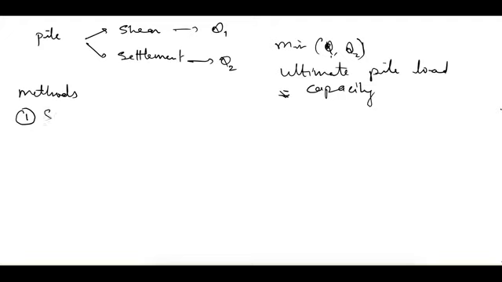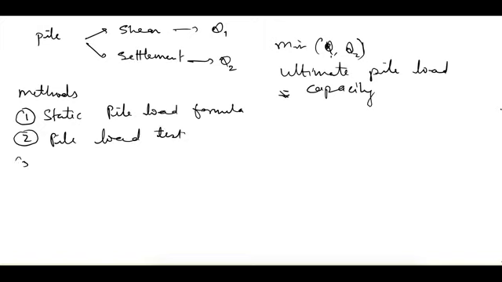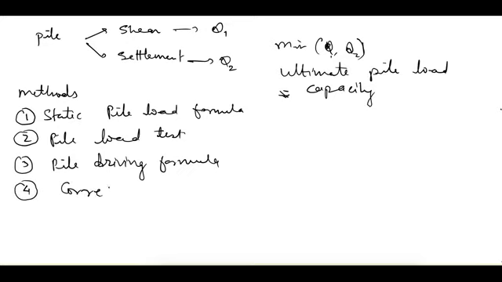First one is static pile load formula, pile load test, pile driving formula, and correlation with standard penetration test data. Let's see these methods, starting with the static pile load formula.